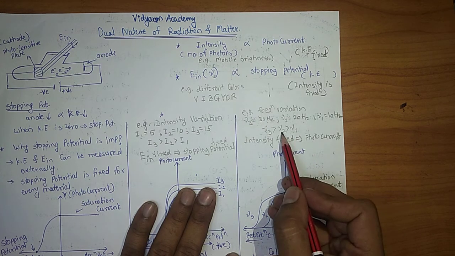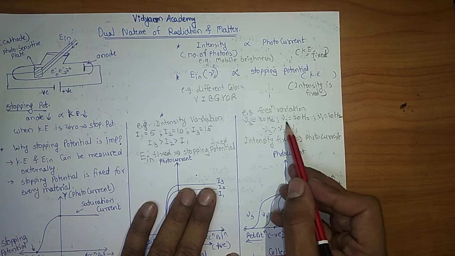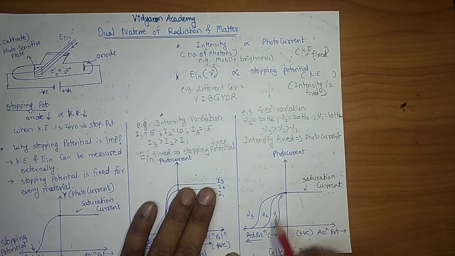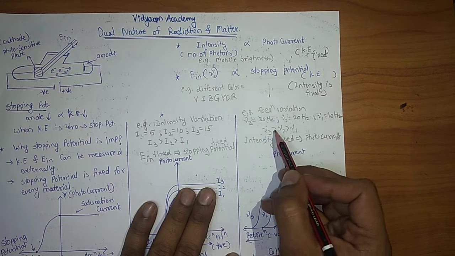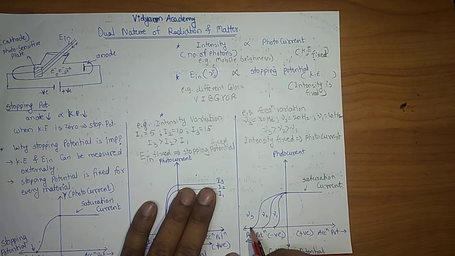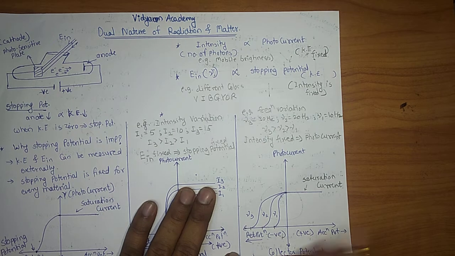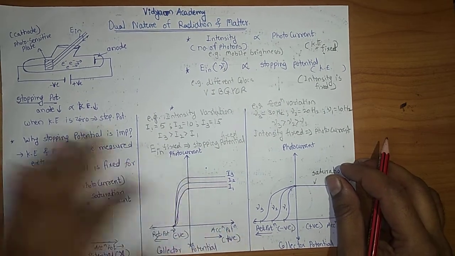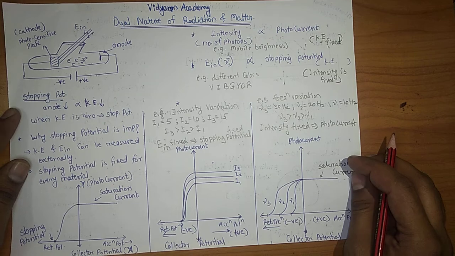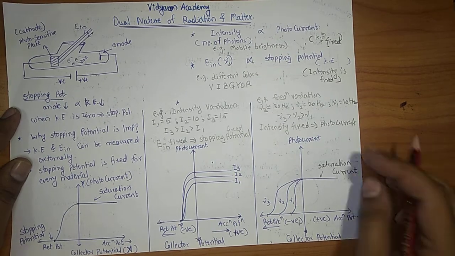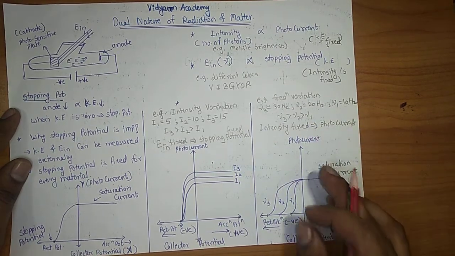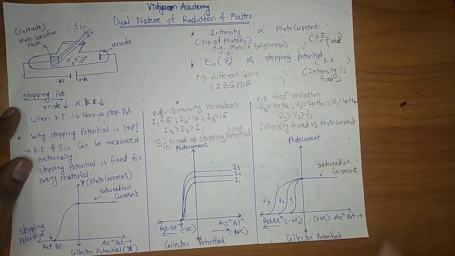Thereafter, for Nu 2, that is 20 Hz, you will get moderate stopping potential. But Nu 3 is the maximum case where stopping potential will be maximum. So in this way you can understand that variation of intensity and frequency will change the graphical nature.